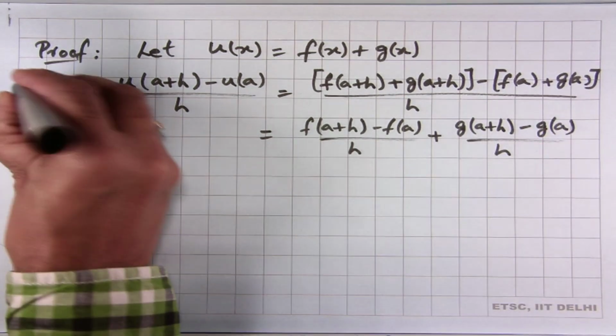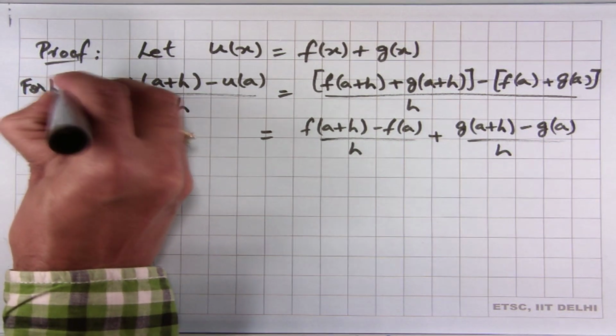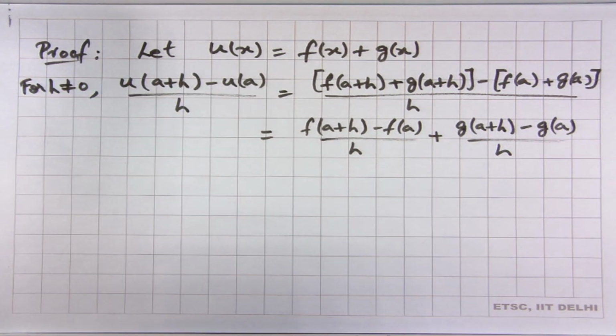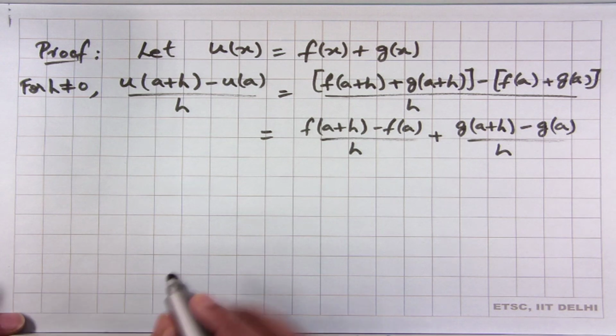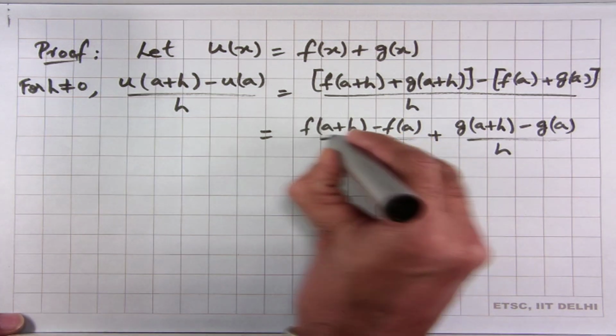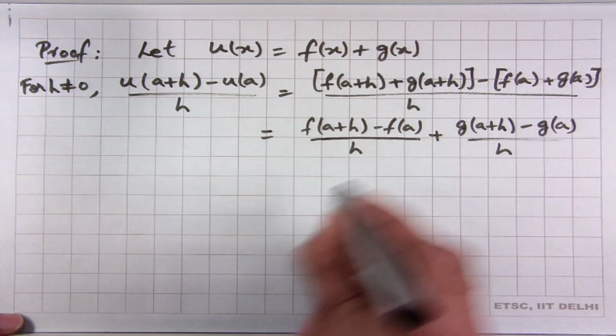So, for any h non-zero we have this, and what we know is that the limits of the right hand side both exist.